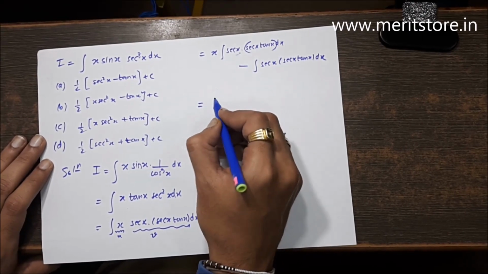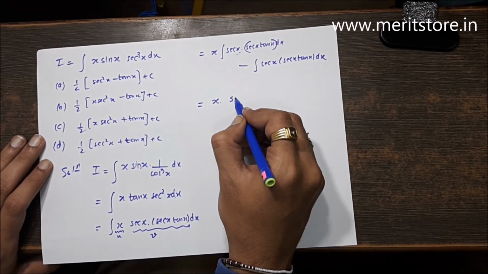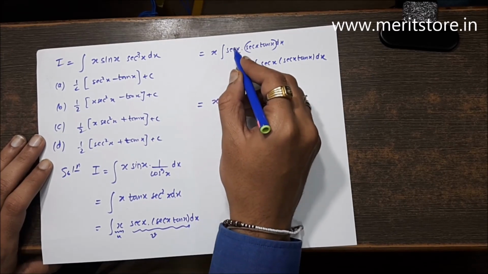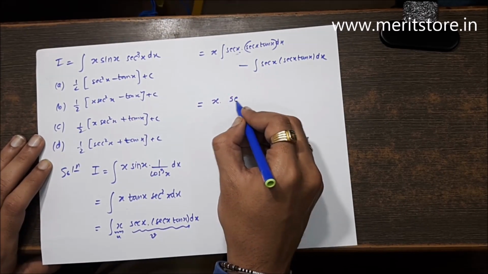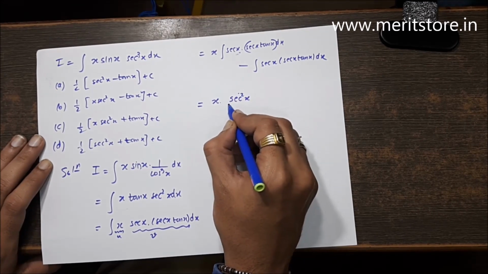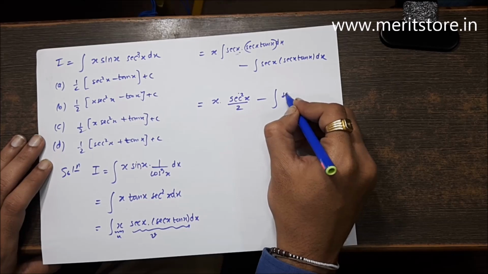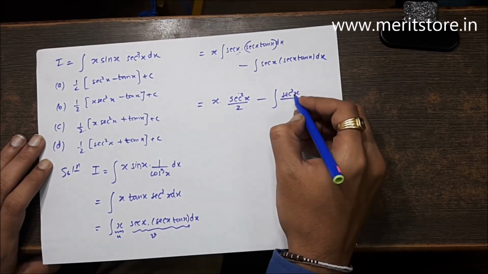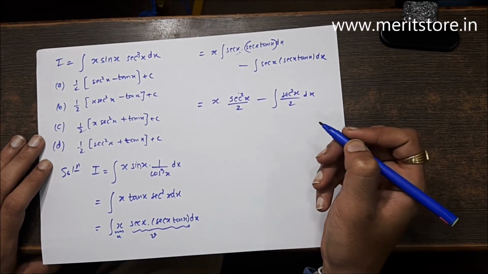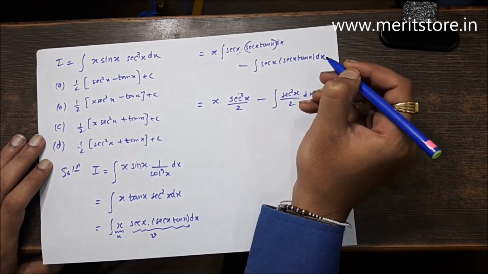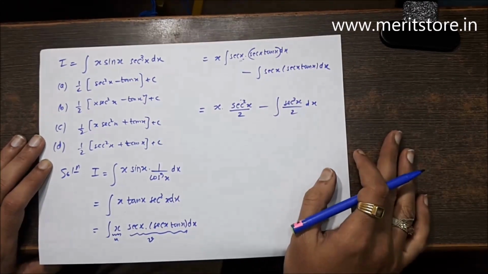So I can clearly claim that my answer is x into integral of t, which will generate the answer as t square upon 2, minus integral of the same thing, sec square x by 2 dx.